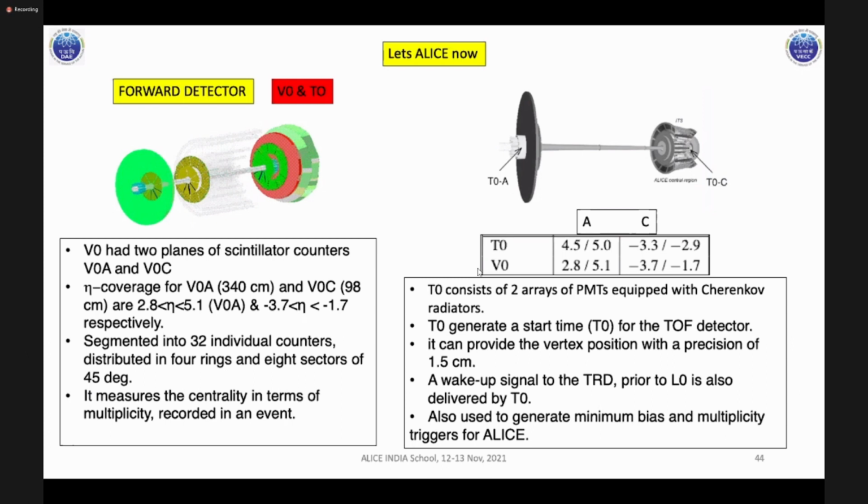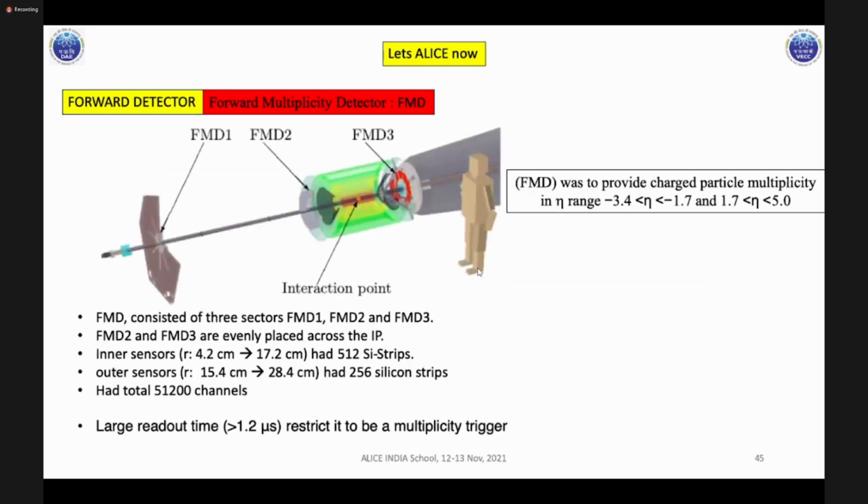Okay. What else? Then there is the forward multiplicity detector. This again has some specific purposes. It used to provide the charged particle multiplicity in the forward rapidity domain, minus 3.4 to minus 1.7 and 1.7 to 5.0. And it has 3 major parts: FMD 1, 2, 3.